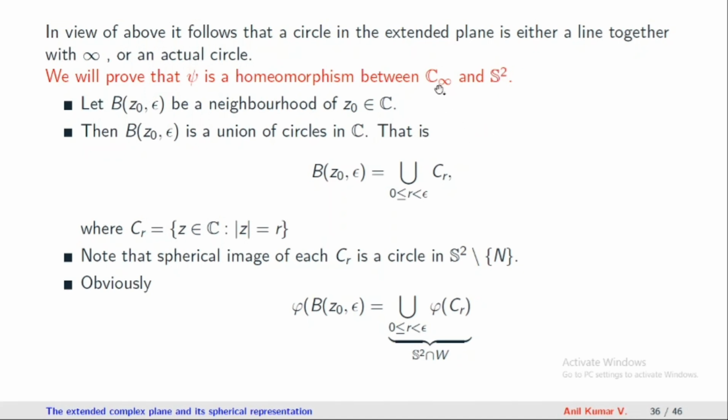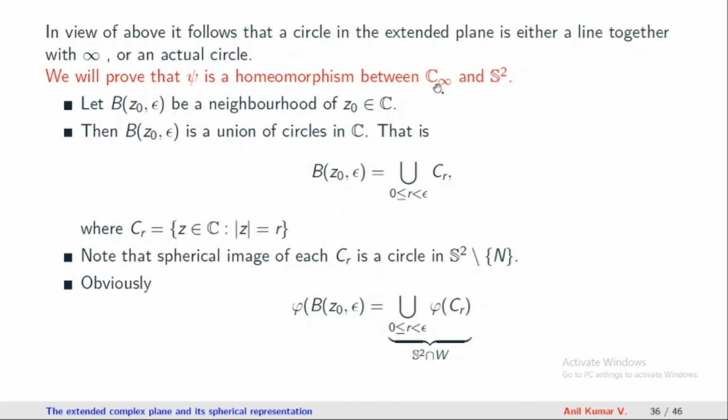And note that the stereographic projection psi is a bijective map, and we will prove that psi is a homeomorphism between C infinity and S2, and also observe that psi is both 1-1 and onto. That means psi is a bijective map.